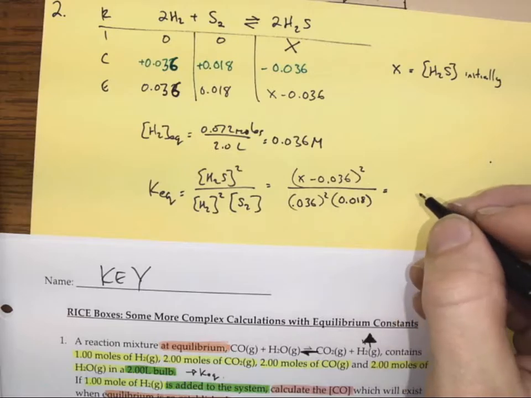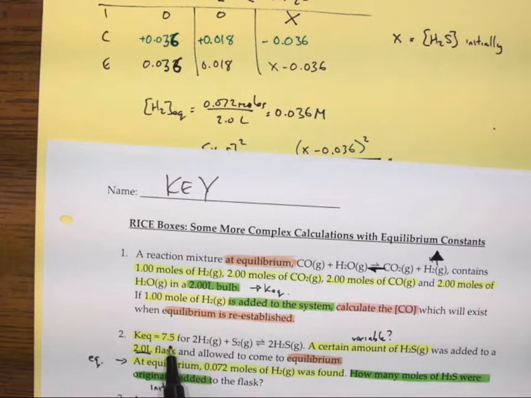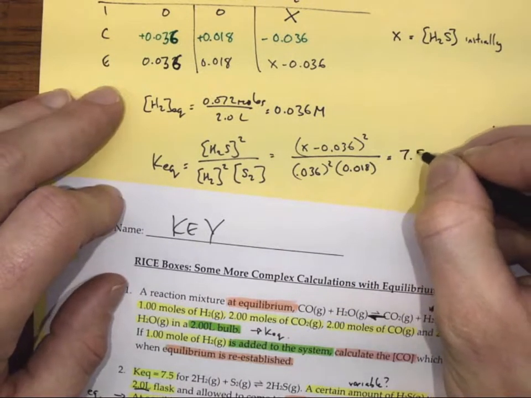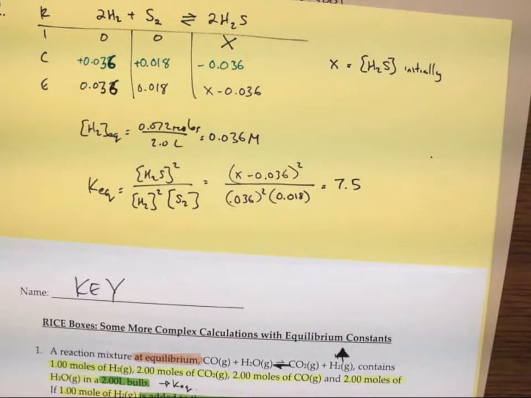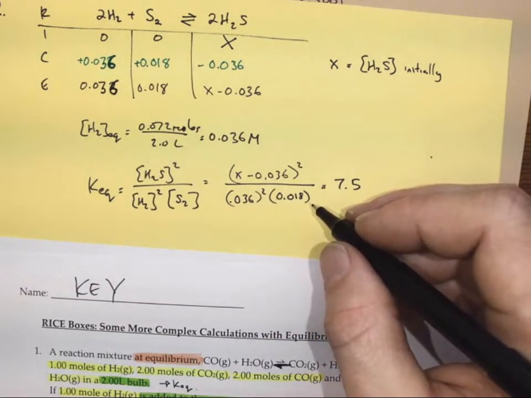And that's all equal to our equilibrium constant, which is 7.5. All right, and now we just need to solve for x. This actually looks like not so bad a math problem.